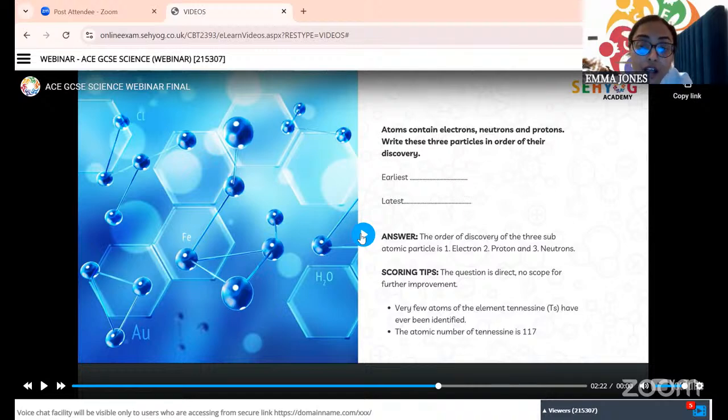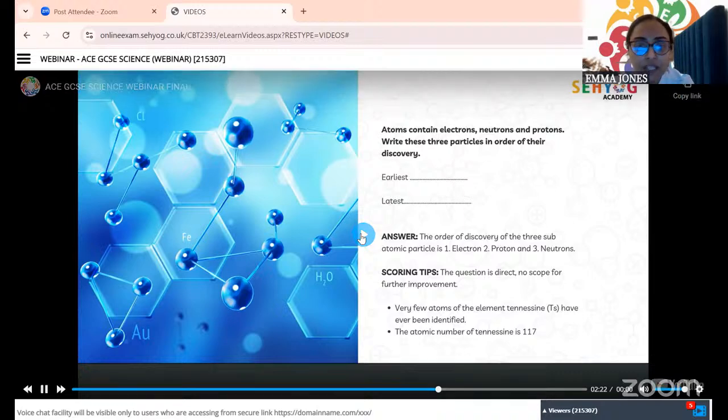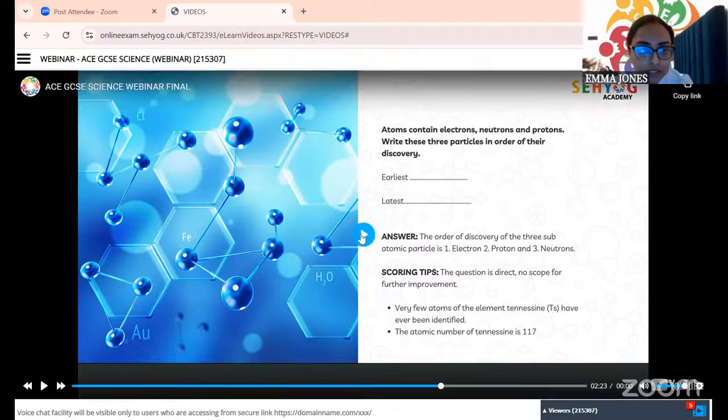But see here, the question asks which was discovered earliest and which was the latest. So the answer should be the electron, proton, and then the neutron. Neutrons are the latest discovered subatomic particles. This is a very simple answer. We don't have to think much about it. If we know it, we can write it and get the full score.